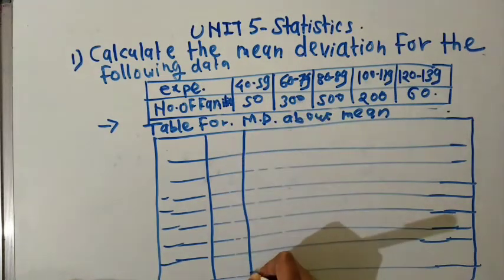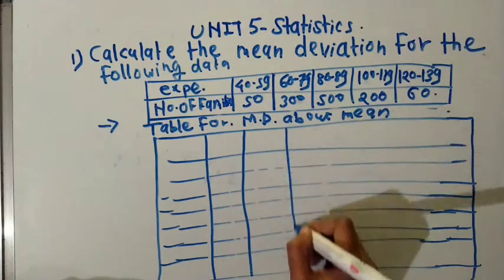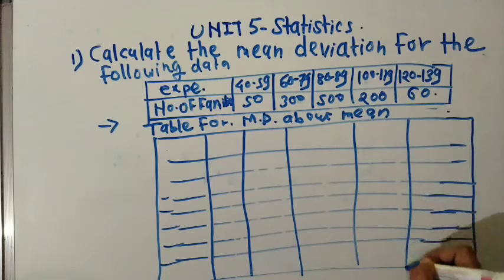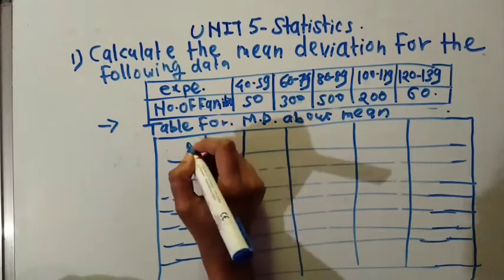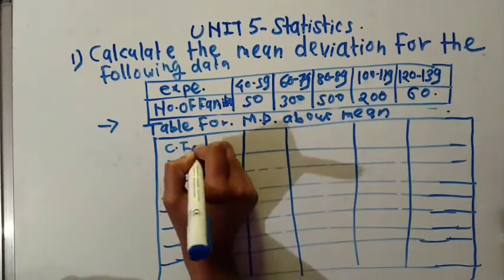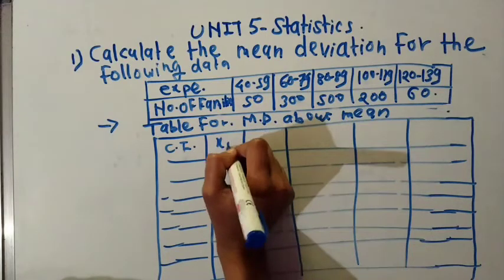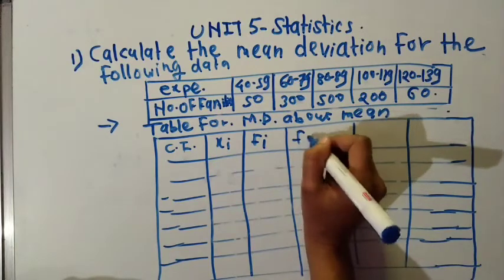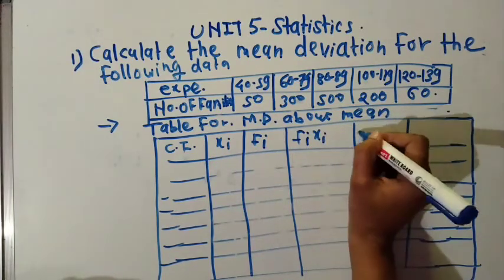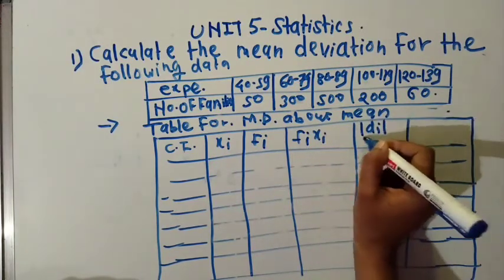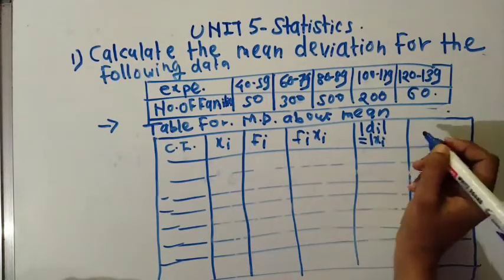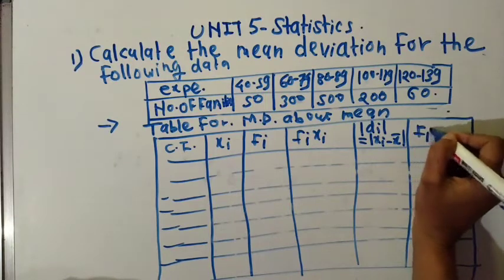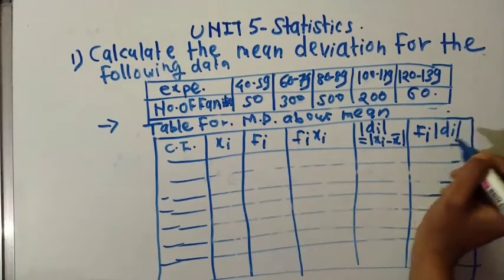This is mid value xi. Then fi, then fi into xi, then mod of xi, then mod of di is equal to mod of xi minus x bar, and fi into mod of di.